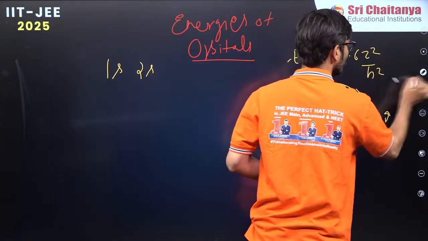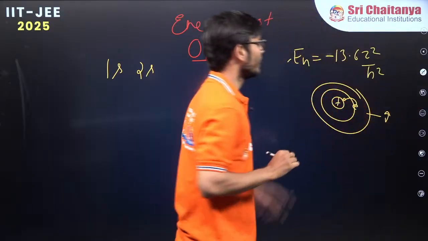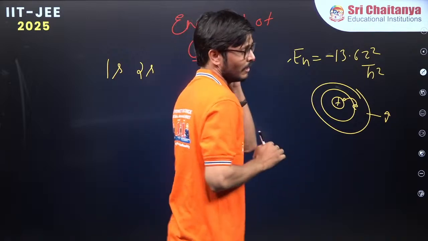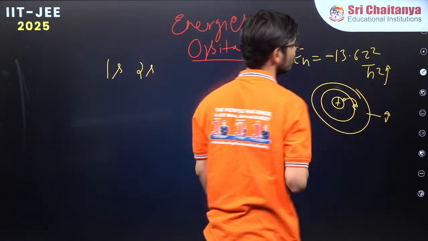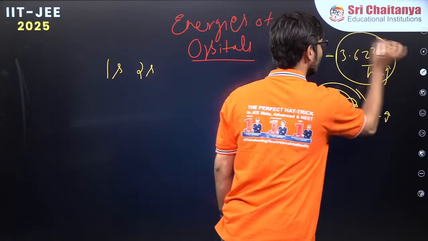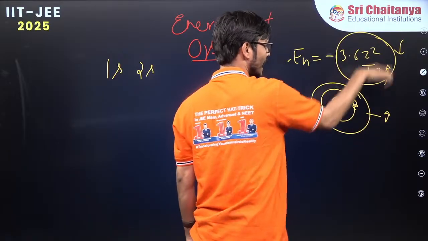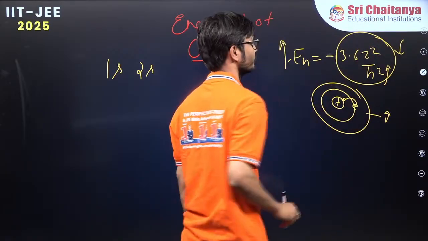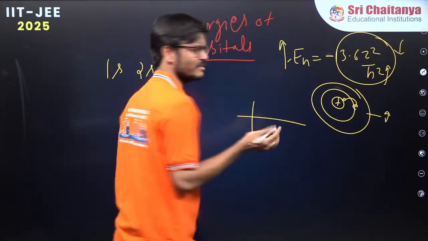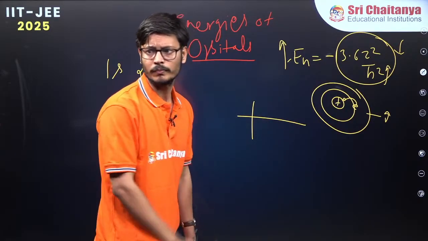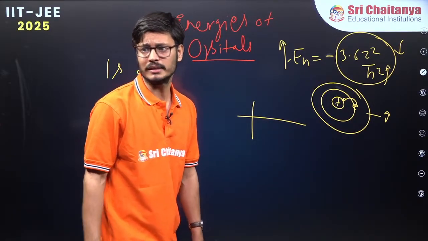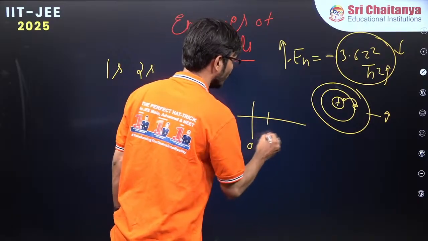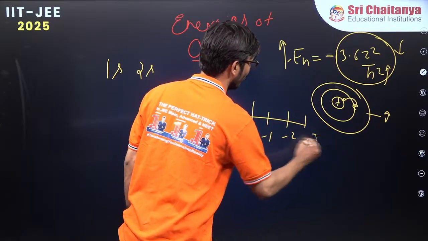If you include the sign, what will happen? If I increase the n value, this value decreases, and a decrease of a minus quantity is an increase. All of you have studied the integer line, yes or no? 0, minus 1, minus 2, minus 3.